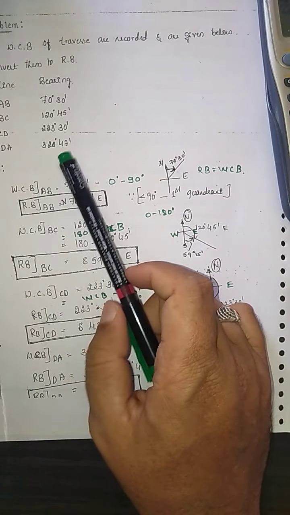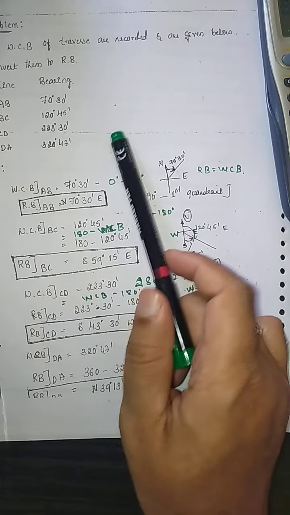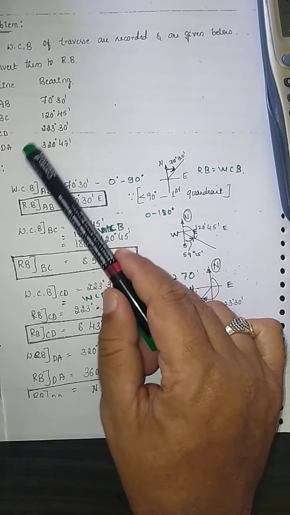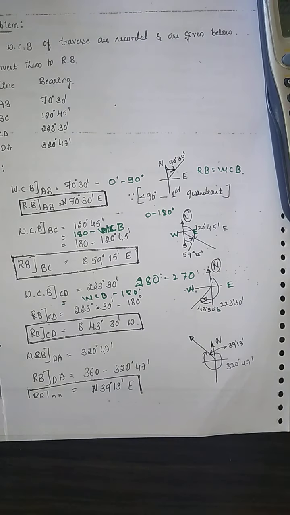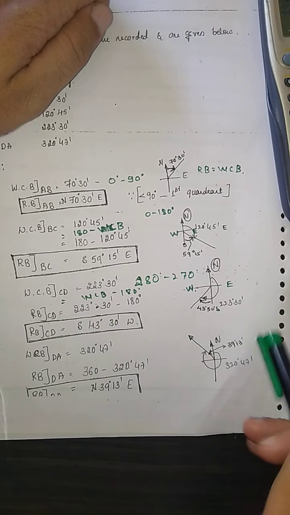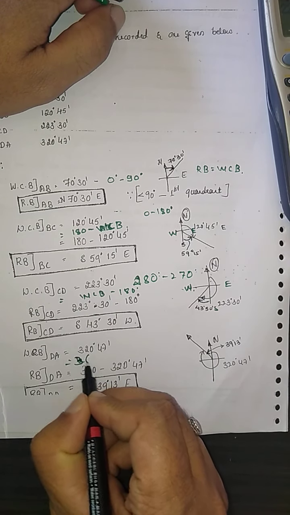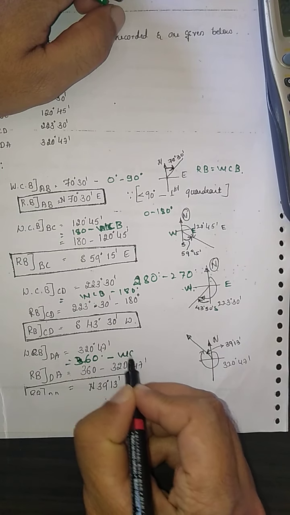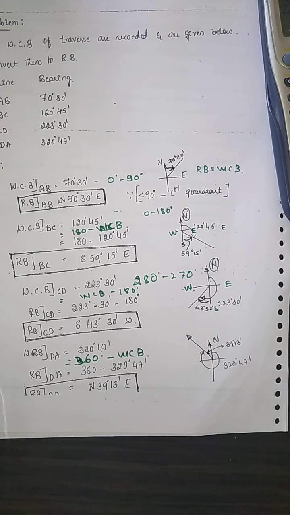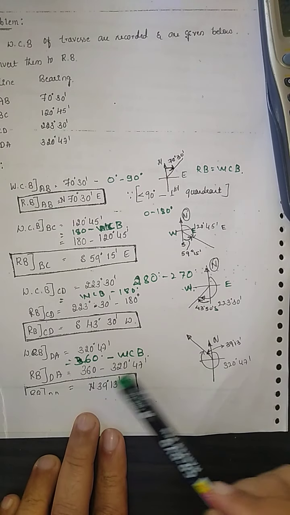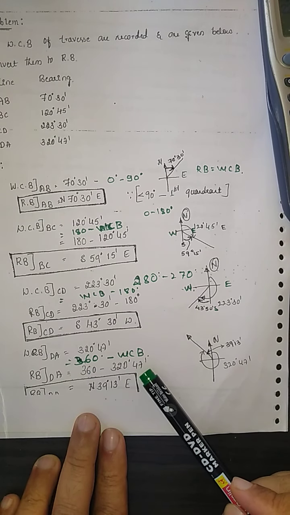The next thing is you need to convert the whole circle bearing of 320 degrees 47 minutes. So 320 degrees will come into the fourth quadrant. So the formula is 360 minus WCB. So 360 degrees minus 320 degrees 47 minutes.